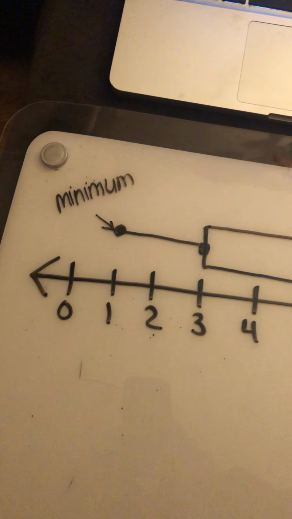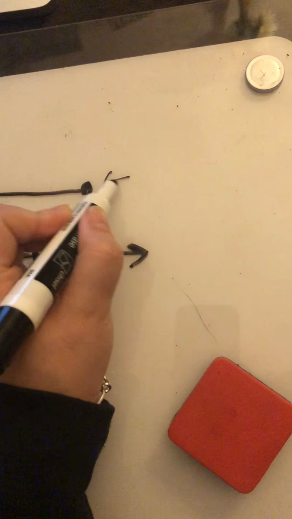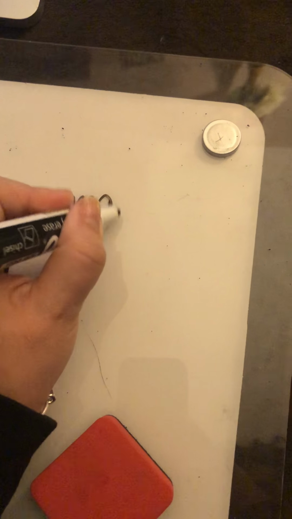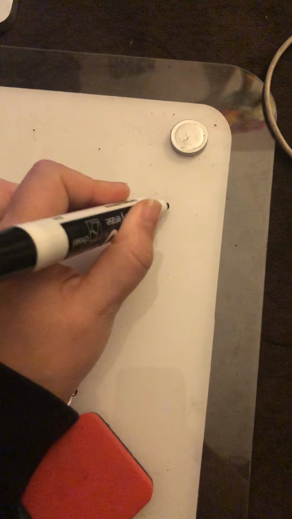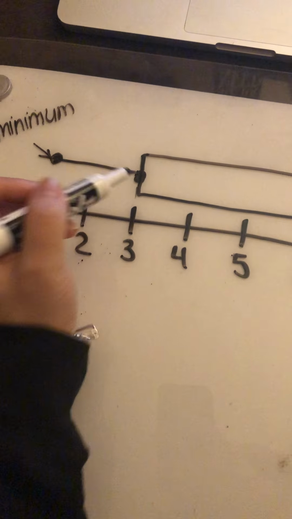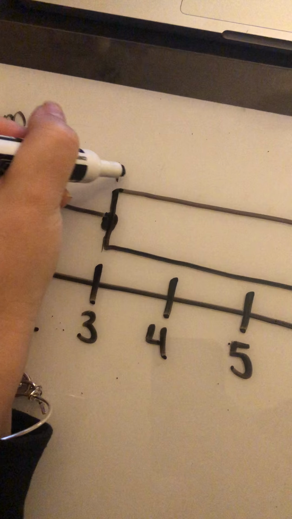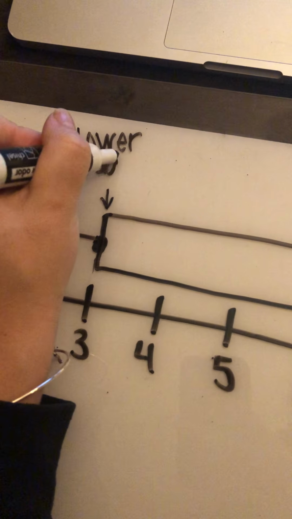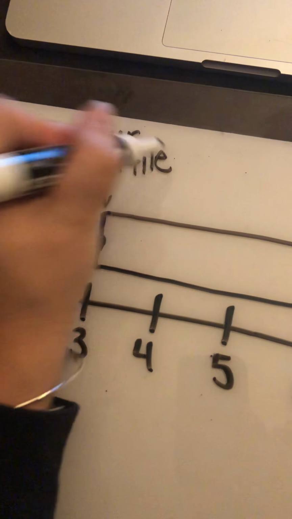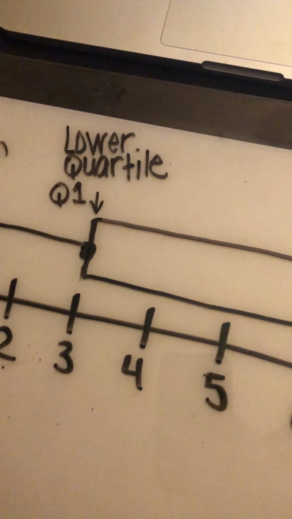It would be the lowest number in your data set. And the point that is at the highest is called your maximum. Okay, so we have a minimum and a maximum. Then where the box starts, right here, we call this our lower quartile, and sometimes you'll hear that referred to as quartile 1.